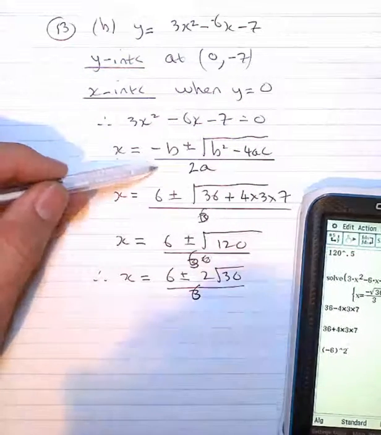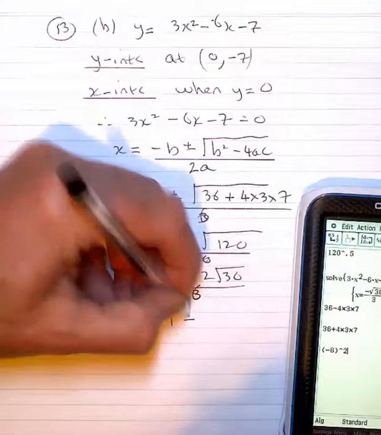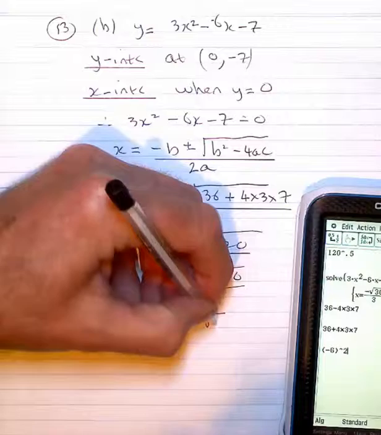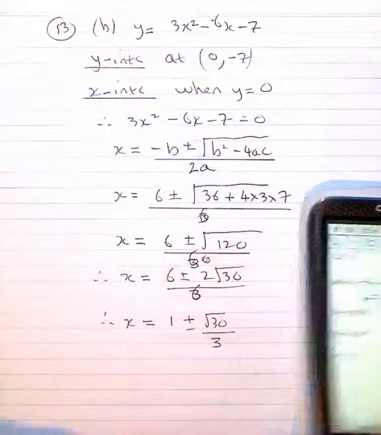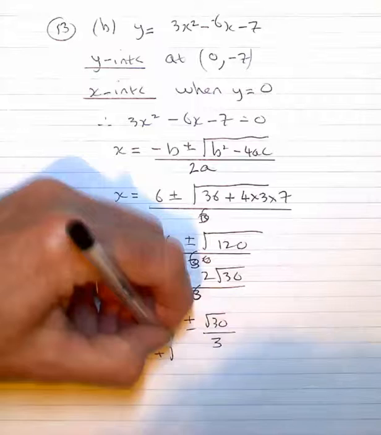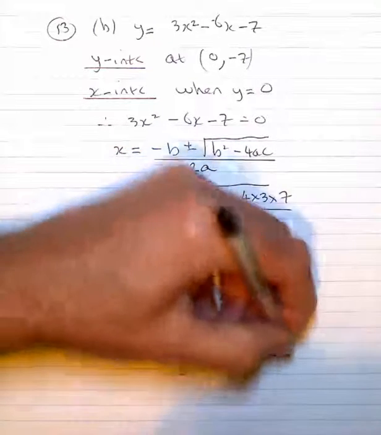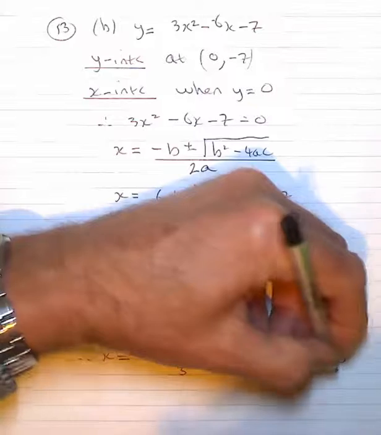Just correcting that, of course, because it is 2a. So therefore, x is equal to 1 plus or minus root 30 over 3. So I can write that as a statement, x is equal to 1 plus root 30 over 3, and x is equal to 1 minus root 30 over 3.